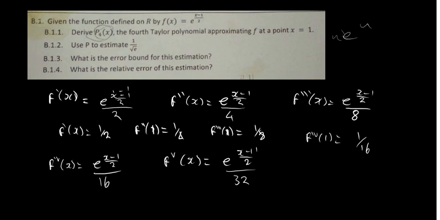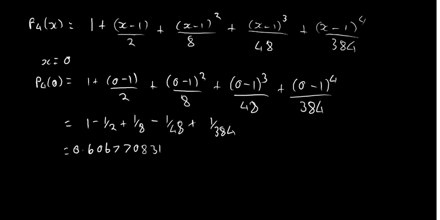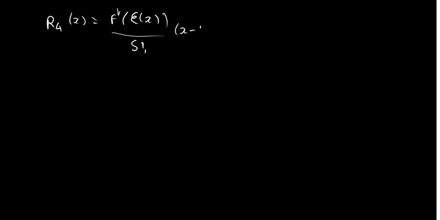Now as a hint, for the error bound, we're going to use the error term R4 of x being equal to the fifth derivative f, evaluated at some epsilon of x, over 5 factorial, times x minus 1. Remember our x is evaluated at 2 points, either 0 or 1.